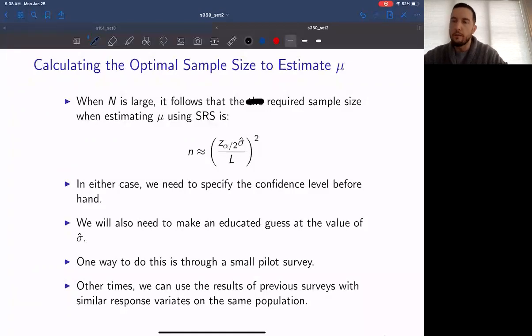We also will need some estimate of sigma, or we will have to have population information in order to complete the formula. So usually based off of the sample we are working with, or a previous sample that we had access to, or previous studies that we had access to, we can make an educated guess at sigma hat. I'll show a couple examples of this momentarily.